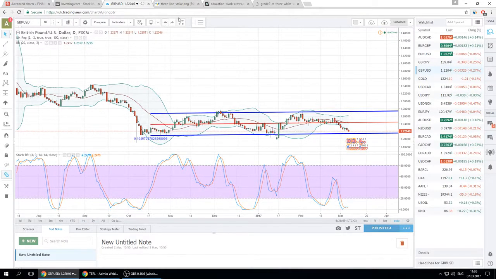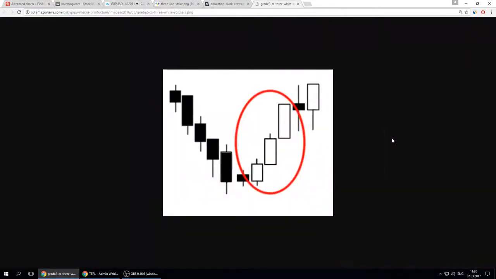Also, the opposite of 3 black crows is the pattern called 3 white soldiers. You can see it here. The description is basically the same. 3 white soldiers appear at the end of a downtrend, and they show us the start of a bullish trend.